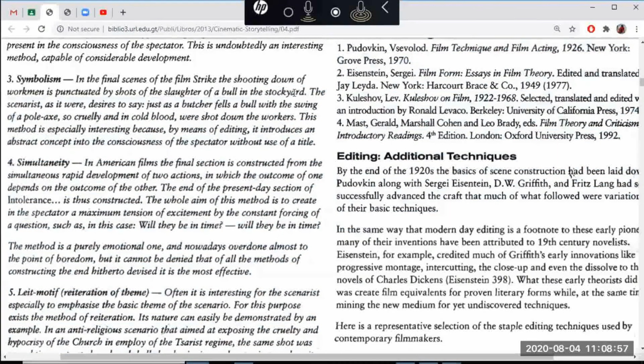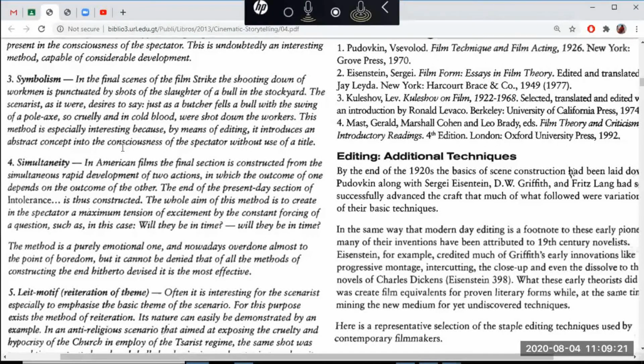Okay, right here. So he's again repeating the same thing about punctuation. He's talking about punctuation in the manner we talk about punctuation in normal language, right? So he's saying these two scenes are punctuated. Slaughter is punctuated with the shooting down of a workman.